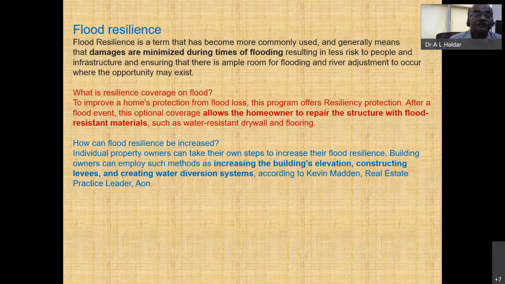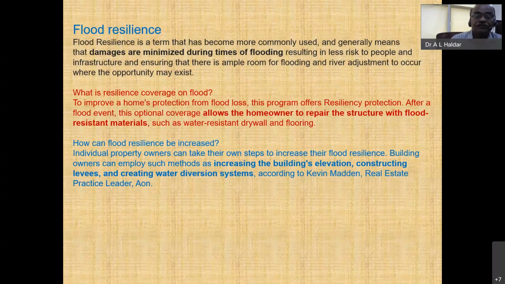Resilience is protection to improve a home's protection from flood loss. This program offers resilience protection in a flood event. This optional coverage allows homeowners to repair structures with flood resistant material such as water resistant drywall. So these are the things for the resilience of the home, the district and the state.